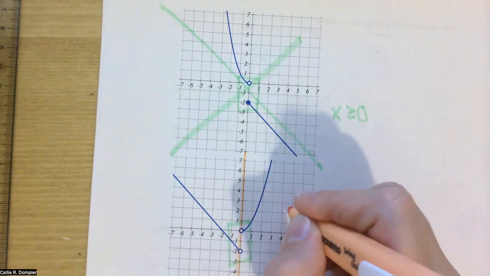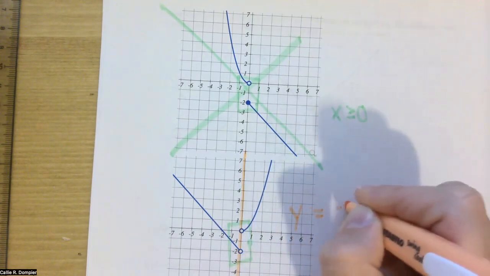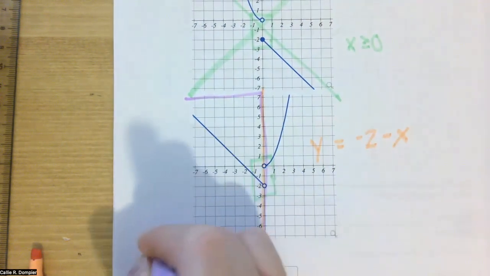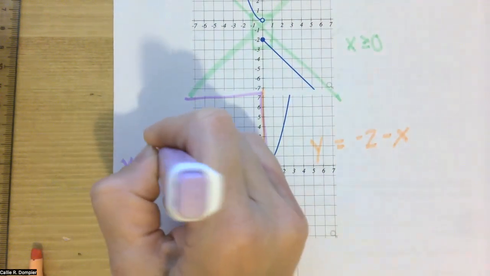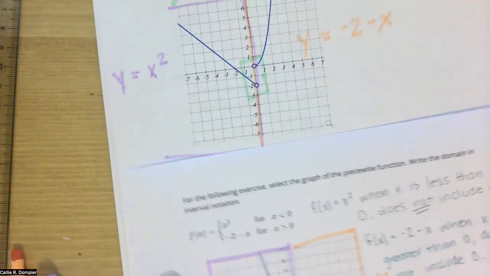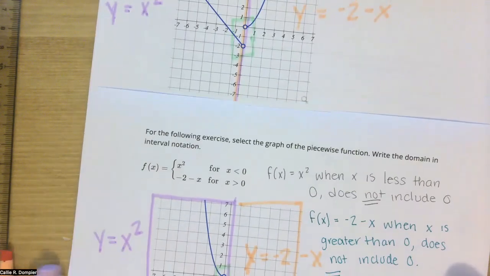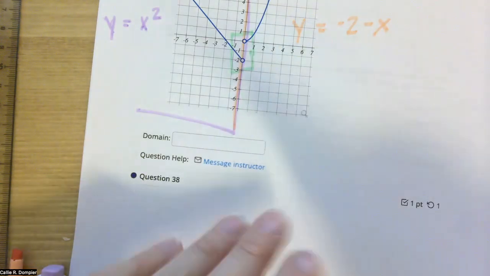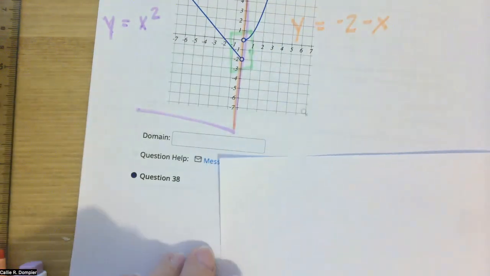This half of the graph should look like y equals x squared. All right, so think about it. Think about our two options. I want to fit them both.